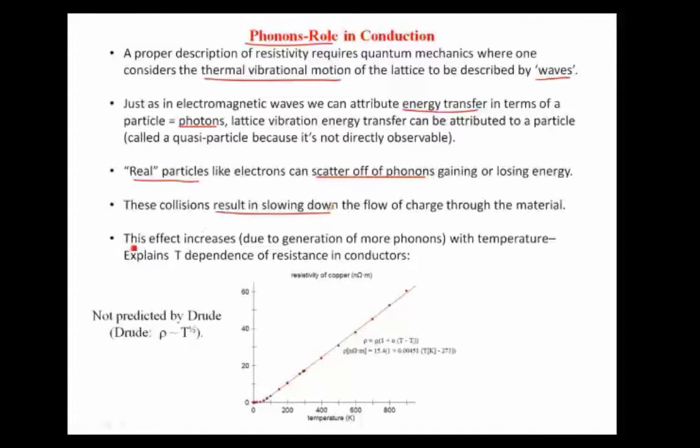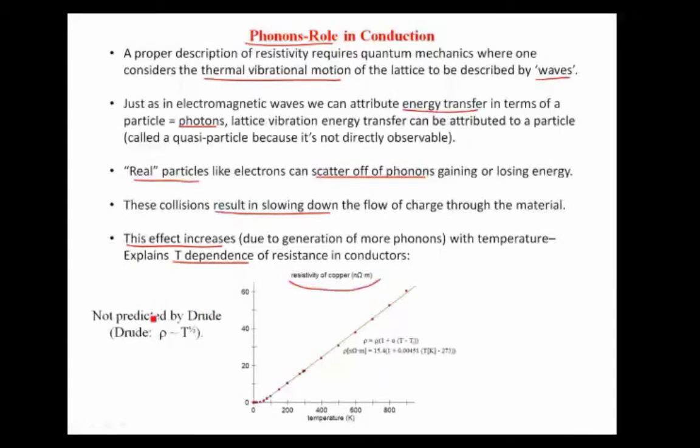One thing that this explains is that if you increase the temperature, you generate more phonons. So therefore, the resistance of the material goes up, and it's predicted from this phonon model that the resistivity of a material with temperature will be linear. And what you see here is the resistivity of copper.